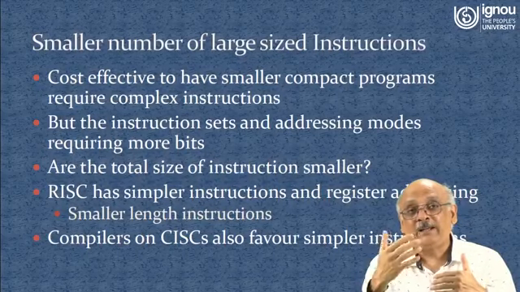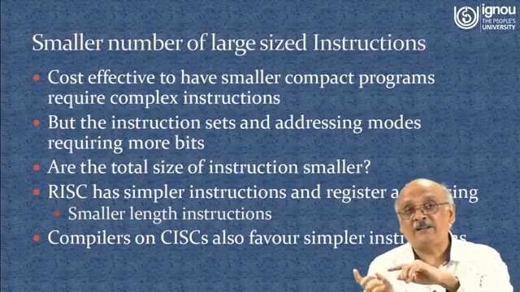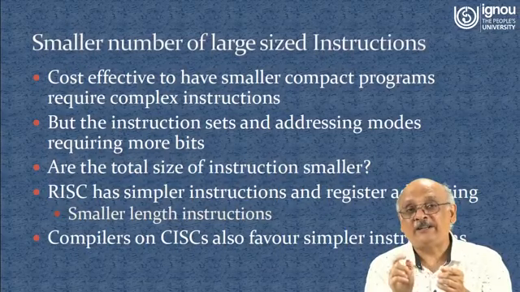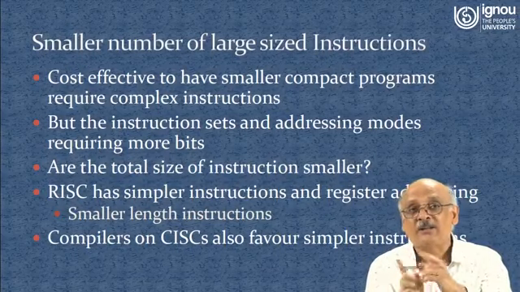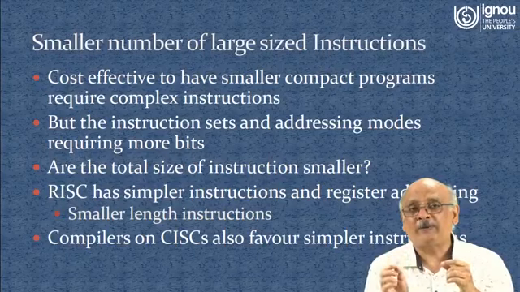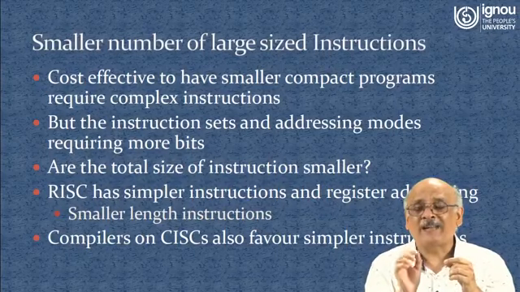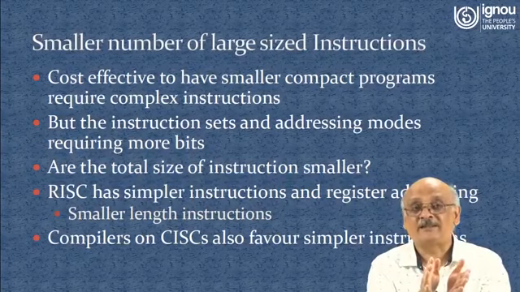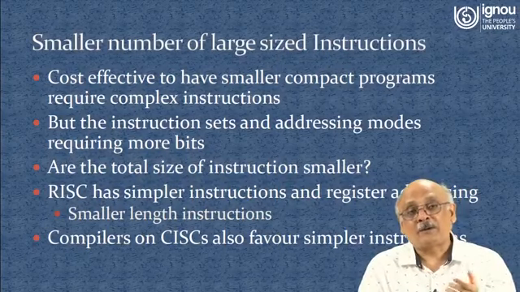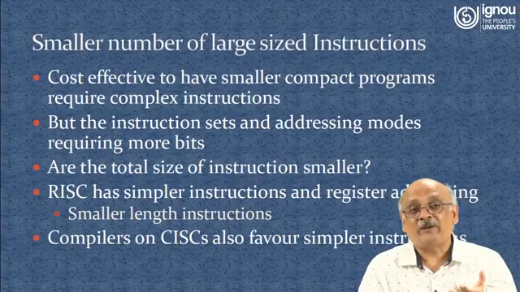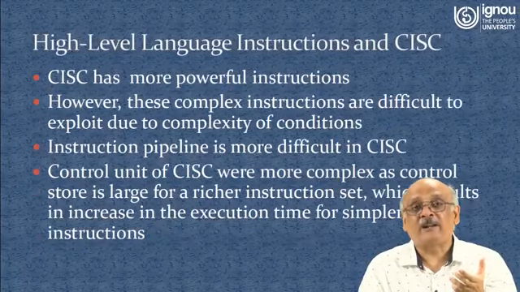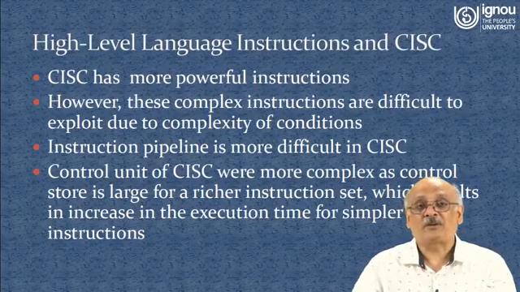It may not be utilized in the sense that the machine instruction equivalent to a programming instruction may require several constraints, characteristics, and parameters which may not match as is. Therefore, compiler designers were not favoring the complex instruction, but rather the simpler instruction.